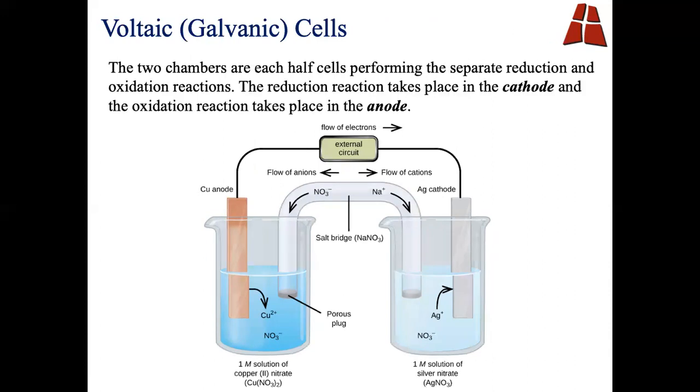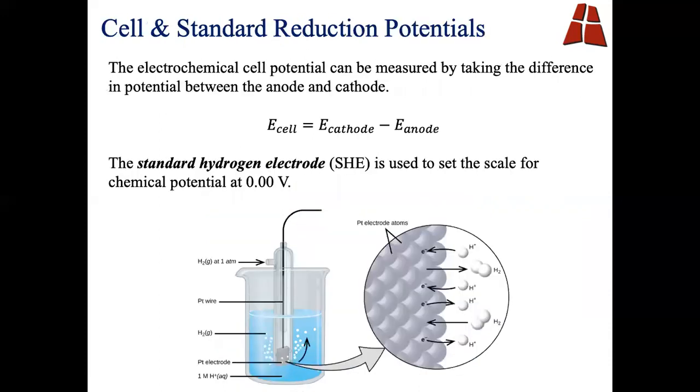A reminder that reduction always takes place at the cathode, oxidation always takes place at the anode. And then if we get a positive cell potential, that means that we have a galvanic cell. And vice versa, for a non-spontaneous cell, we'll have a negative cell potential. Okay, and that is all relative to our standard hydrogen electrode that has a value of 0 volts.